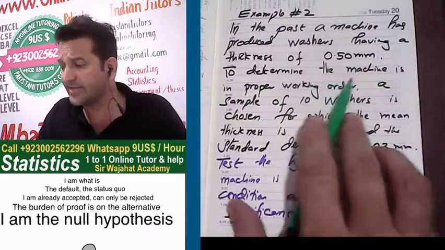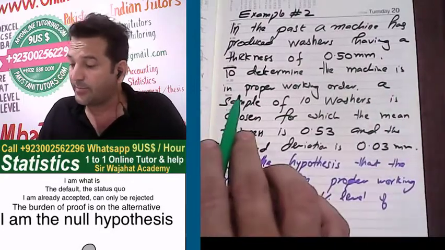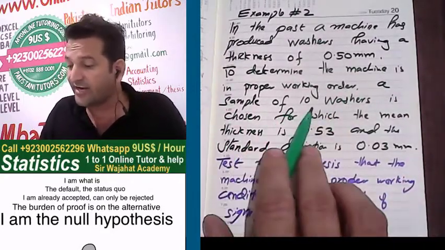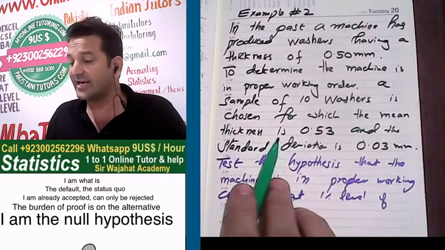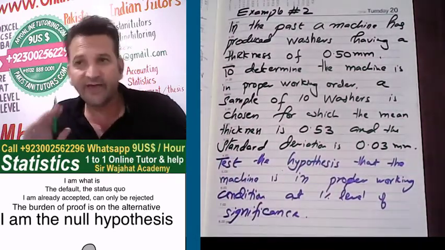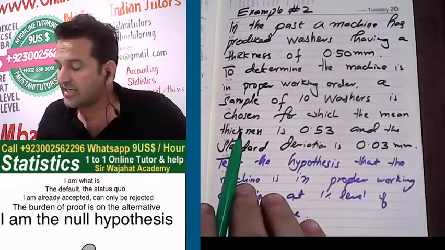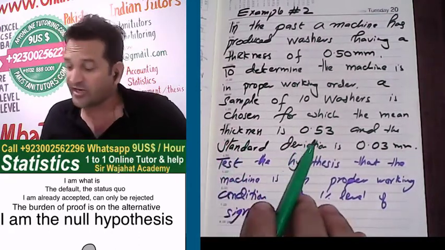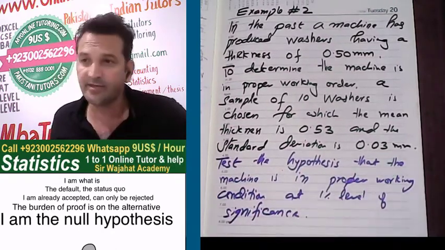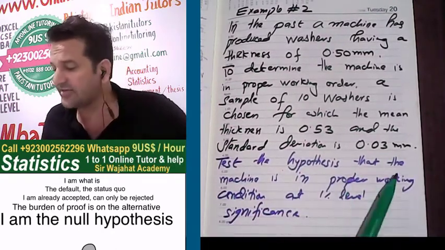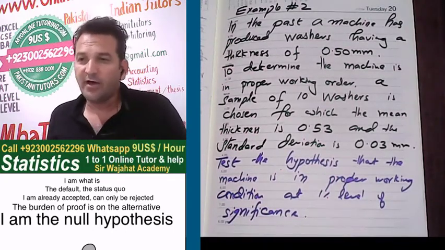To determine whether the machine is working properly, a sample of 10 washers is chosen for which the mean thickness is 0.53. We have chosen 10 washers and we have found that the mean of those washers is 0.53 with a standard deviation of 0.03. Test the hypothesis that the machine is in proper working condition at 1% level of significance.